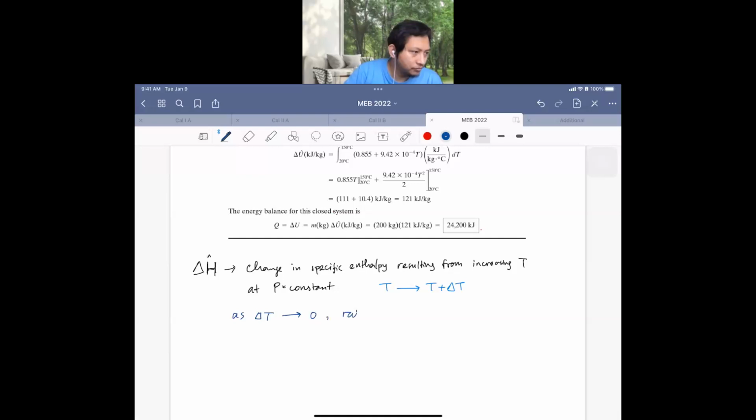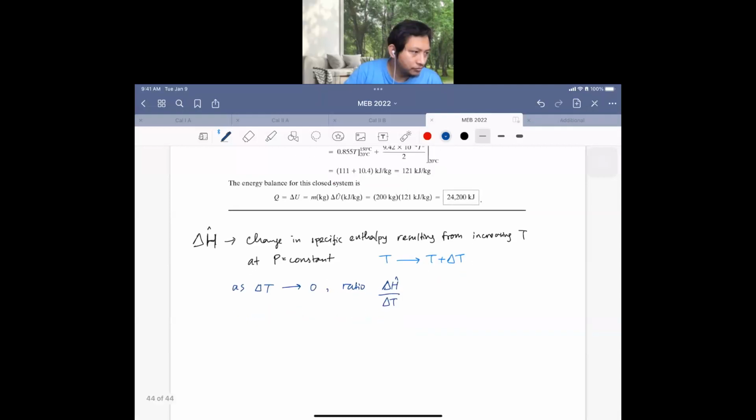The ratio of delta H over delta T approaches a limiting value, which we define as the heat capacity at constant pressure, or Cp.